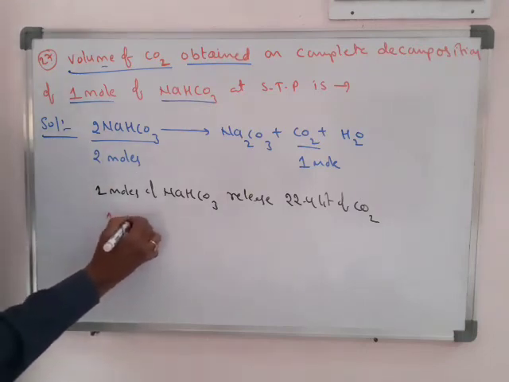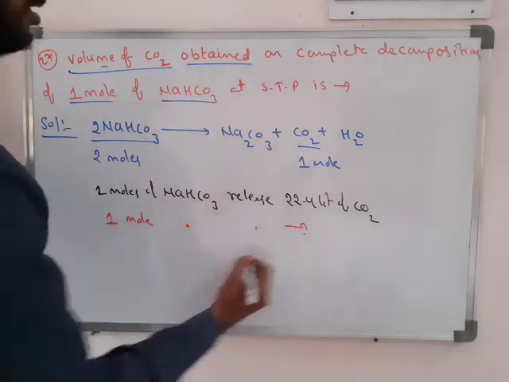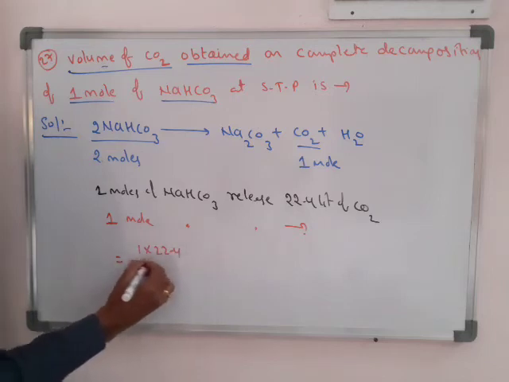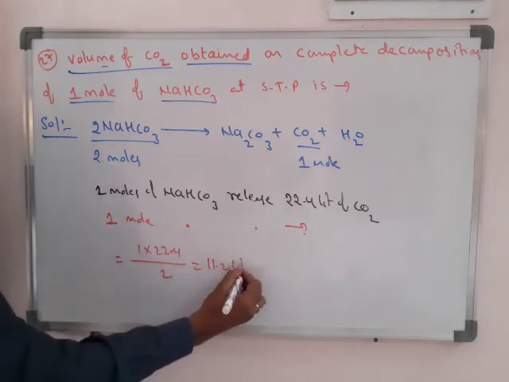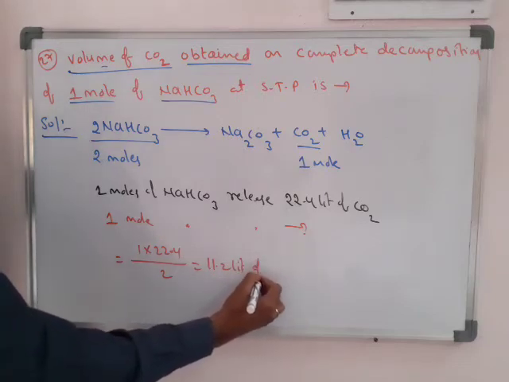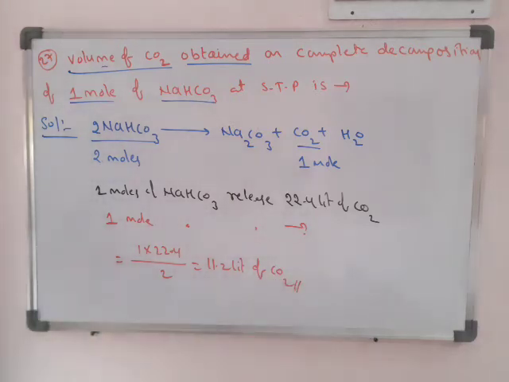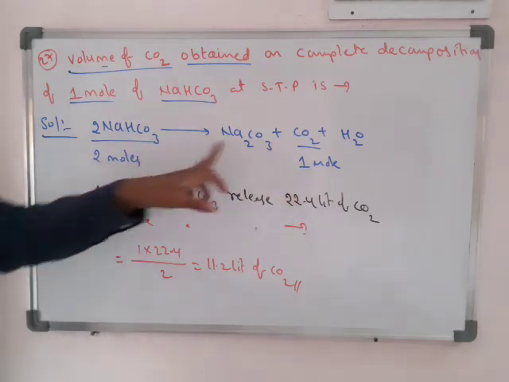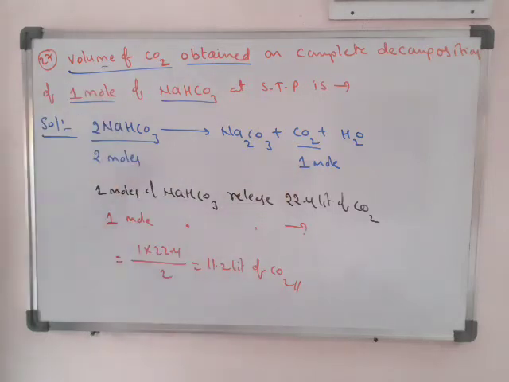It's a very direct question, but we have to know the reaction. 1 mole requires exactly half. It releases 11.2 liters of CO2. Simple. 2 moles, 1 mole. 1 mole means half mole. Half mole means 22.4 by 2, that is 11.2 liters.